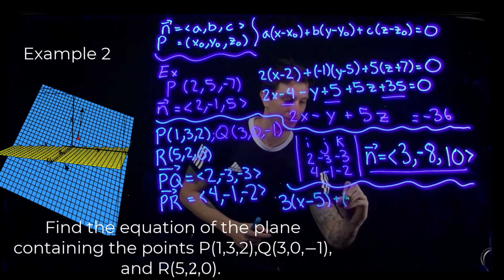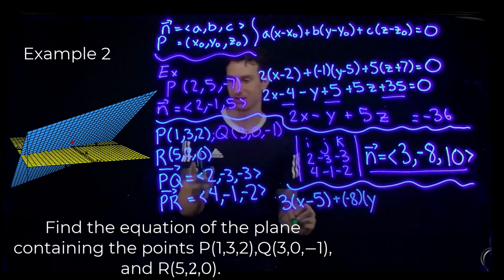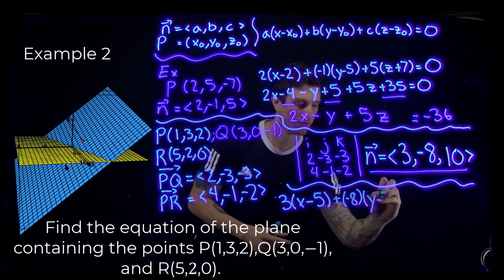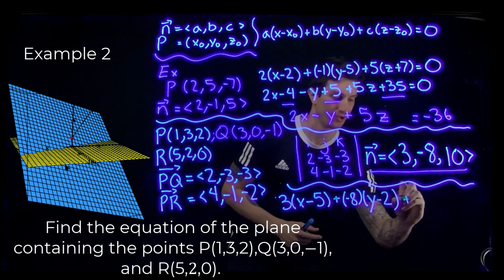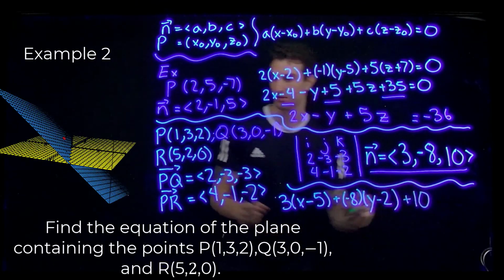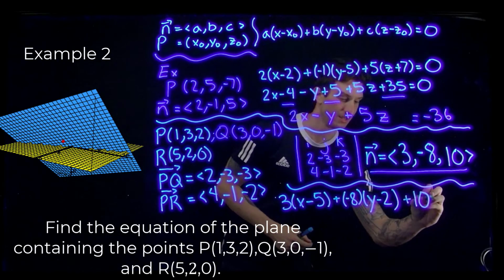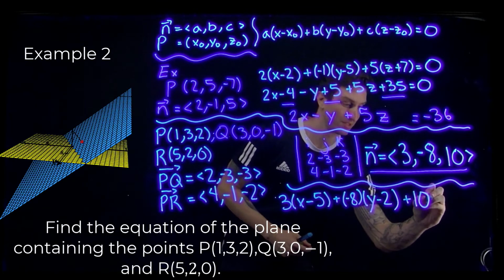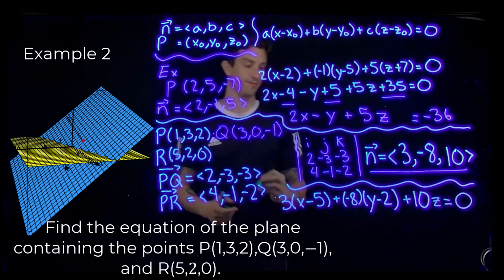I did it again, but we'll use ugly notation till we get there. y minus 2 plus 10, and this is why I chose the 0 one. That's a 0, so it's just going to be 10z minus 0, or 10z is equal to 0.